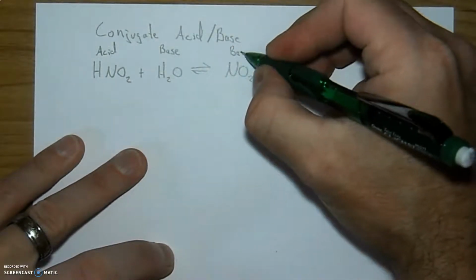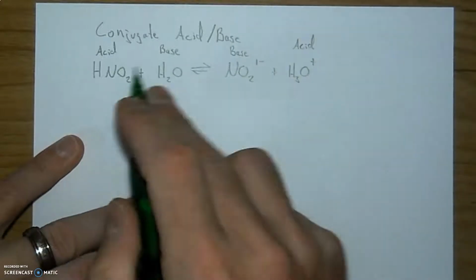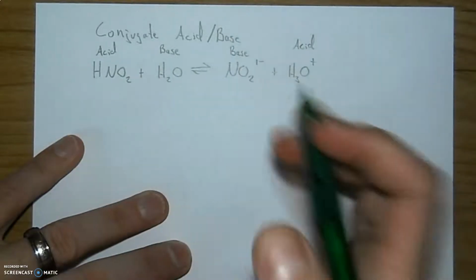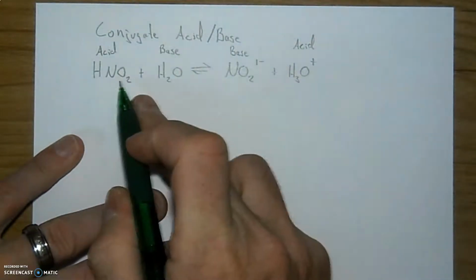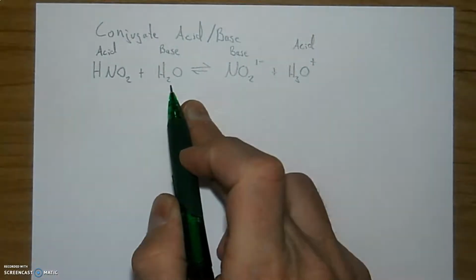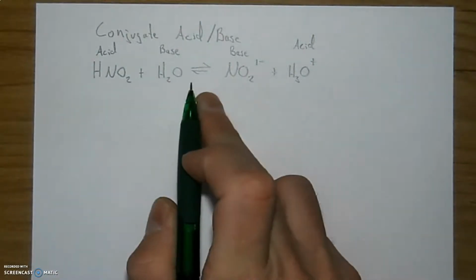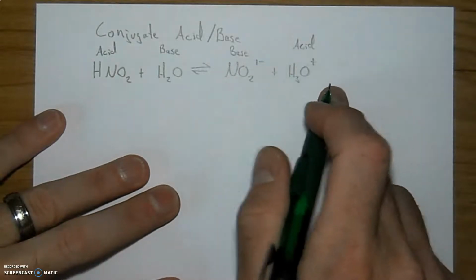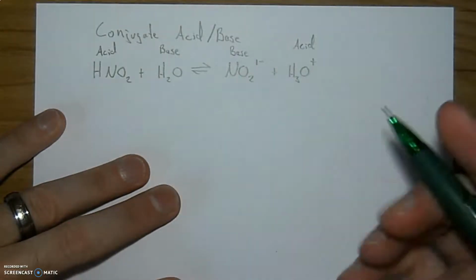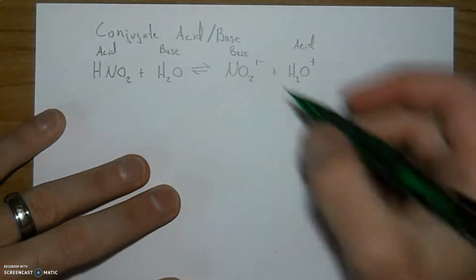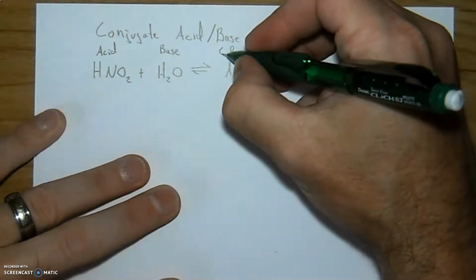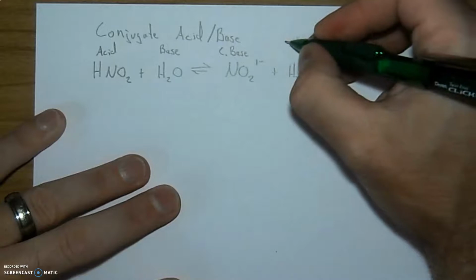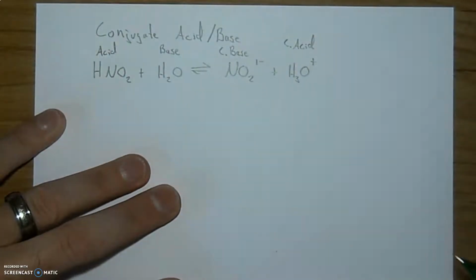But we typically like to distinguish between the right side and left side of the arrows. The things on the left side are going to be listed just as they are, acid and base. The ones on the right side, which we typically look at as the resulting species, the ones that are produced, we refer to as conjugate bases and conjugate acids.